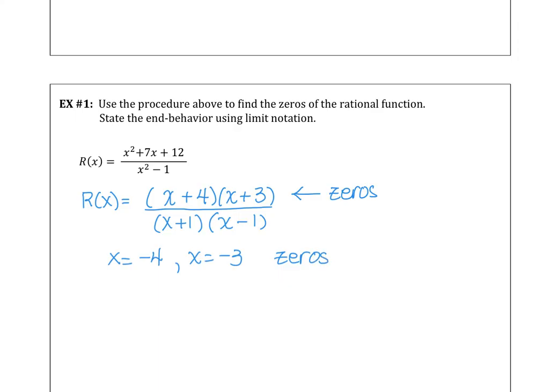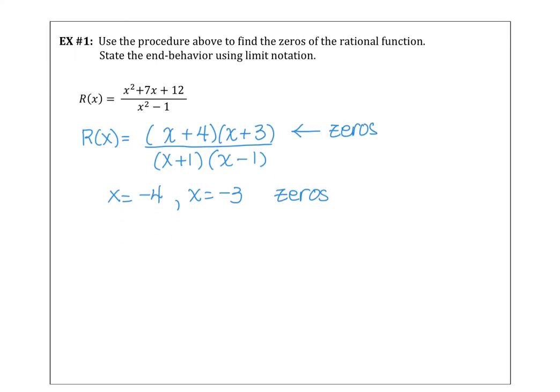And then to talk about the end behavior and use limit notation, we know that the limit as x approaches -infinity for r of x... Now, what was the rule? We had the rule where the numerator and the denominator had the same powers, so x to the second over x to the second.